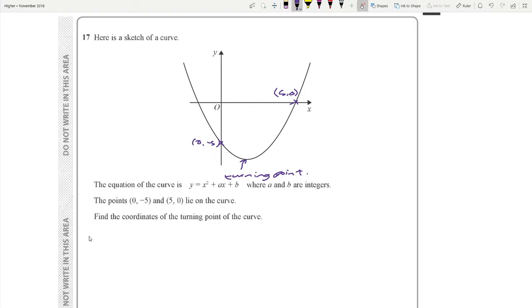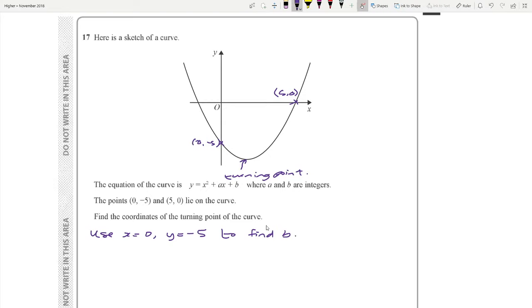So first of all, I'm going to use the first coordinate, 0 and minus 5. So I'm going to use x equals 0 and y equals minus 5 to find the value of b.